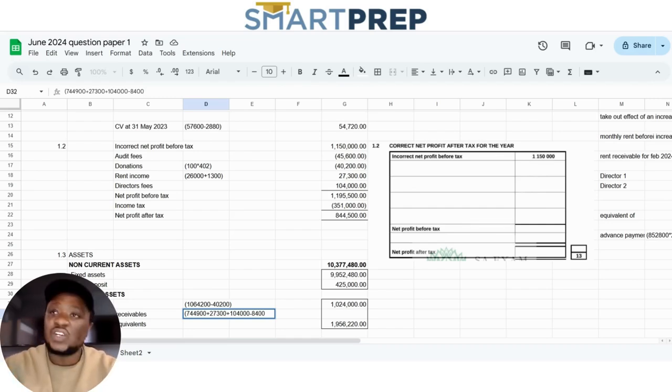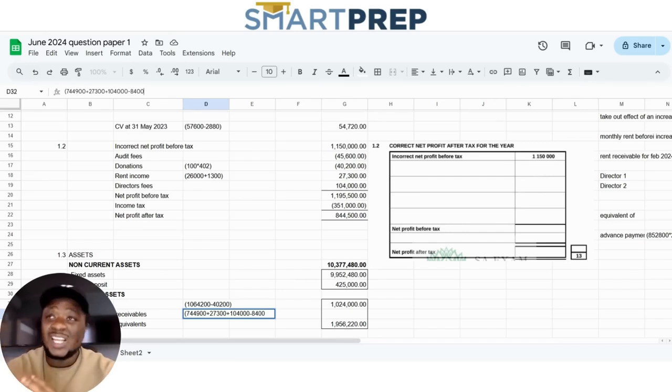So the entries involved here are: debit creditors control and credit debtors control. When you debit creditors control, it means your creditors are decreasing. Debtors control is decreasing, so you credit it. Remember that with assets, you debit them when they increase and credit them when they decrease.